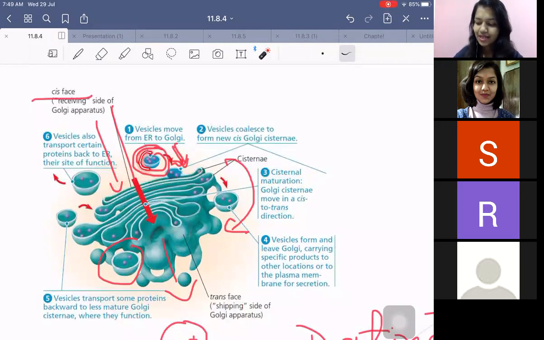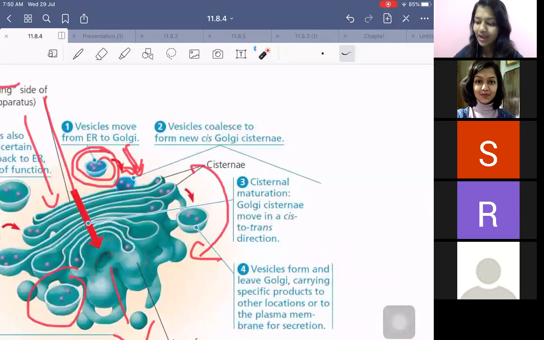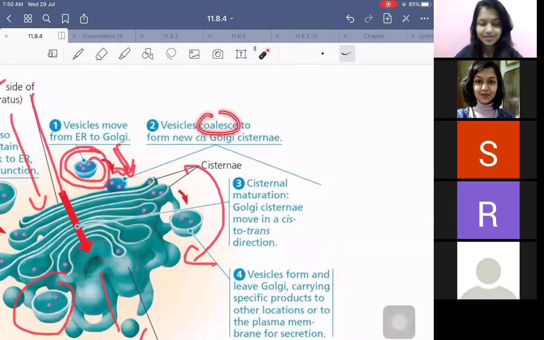So this vesicle is coming from the endoplasmic reticulum and fusing with the cis phase of the Golgi body. See what the next step is? Vesicles coalesce, meaning they fuse, to form the cis Golgi cisternae. They will fuse and become part of the cis Golgi apparatus, right?